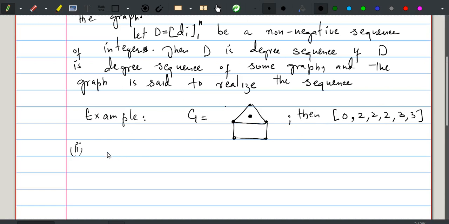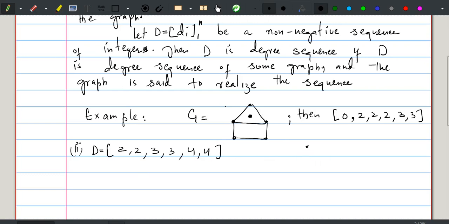Now let us consider another sequence of non-negative integers, say 2 2 3 3 4 4. The question is whether this sequence is a degree sequence of some graph or not. In this case it happens to be a degree sequence of some graph, and the graph is said to realize this sequence.